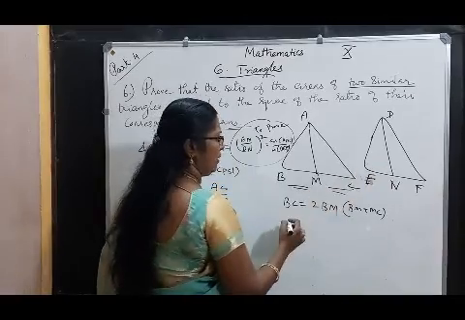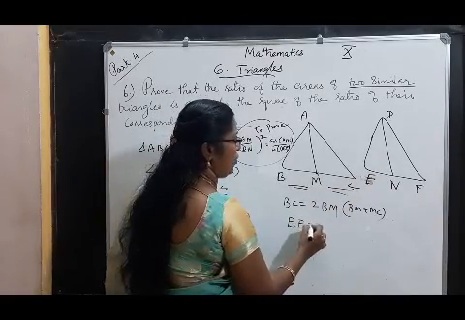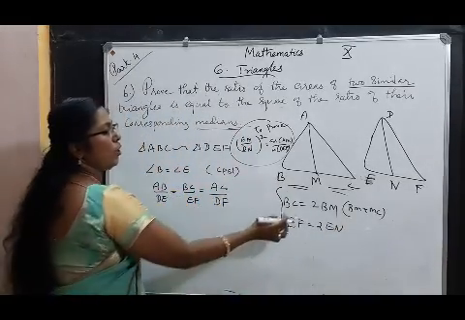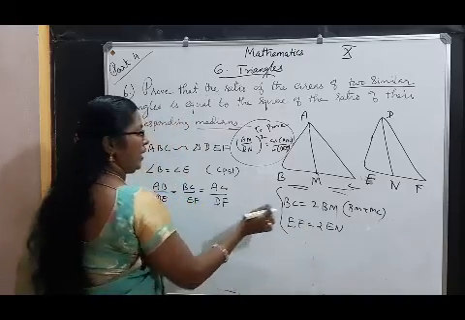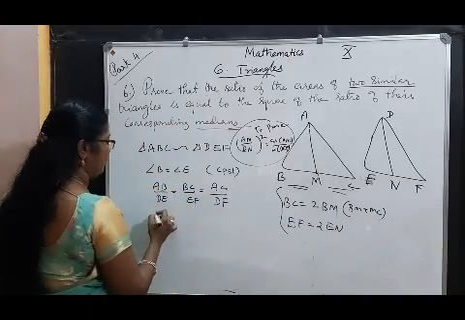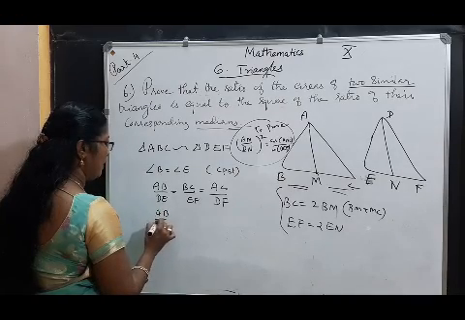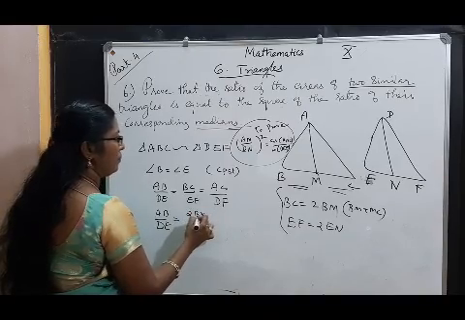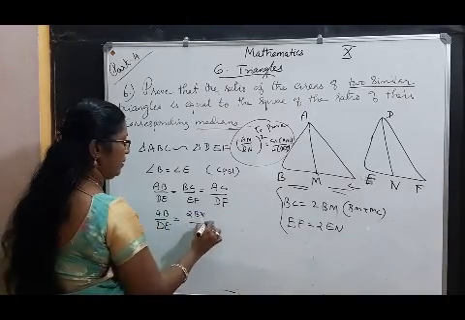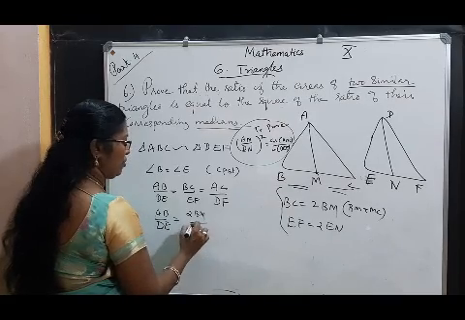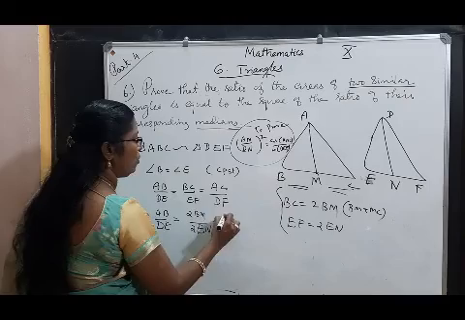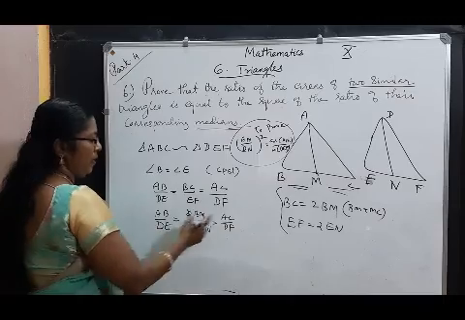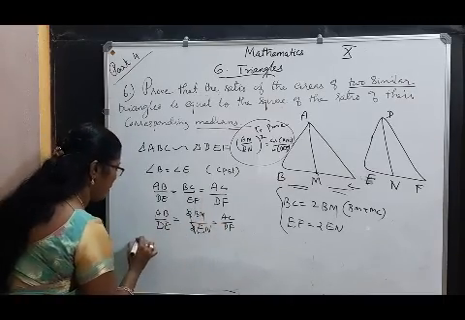And EF equal to 2EN. The same way, we already proved this. BC equal to 2BM and EF equal to 2EN. Instead of BC, 2BM, AB by DE equal to 2BM by 2EN equal to AC by DF. The 2 cancels.